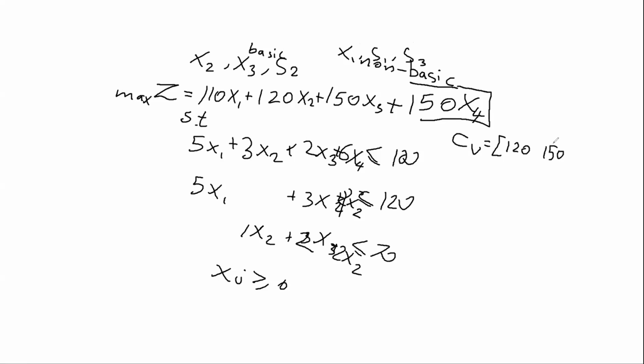So this is 150 for X3. Don't mistake it because they are sharing the same price. Then 0. So NCV will be equal to X1, 110, 0, 0, then 150. So you're adding this new element. This is the new element over here.